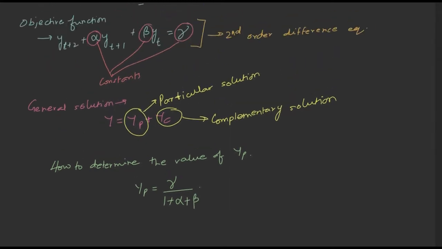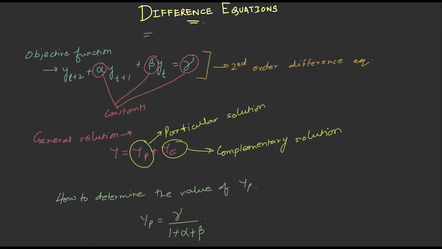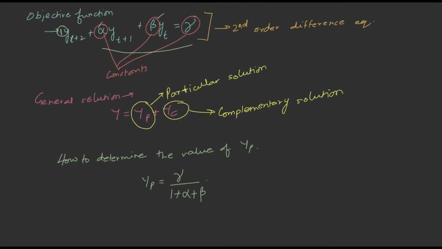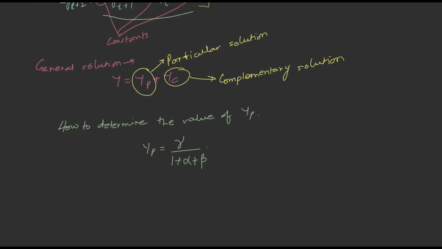From the second order difference equation, there is 1 as a coefficient here, alpha as a coefficient here, and beta as a coefficient here. So we will simply divide gamma by the sum of the coefficients, 1 plus alpha plus beta. By this we will get the value of yp, which will be a constant.